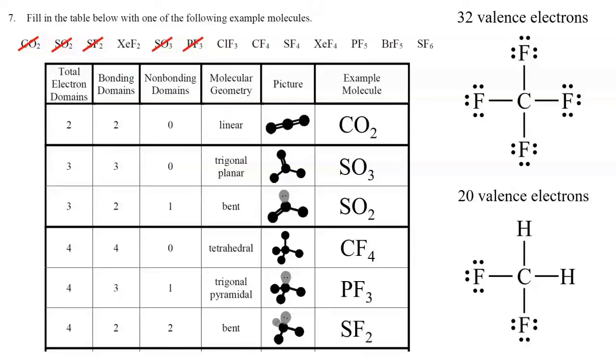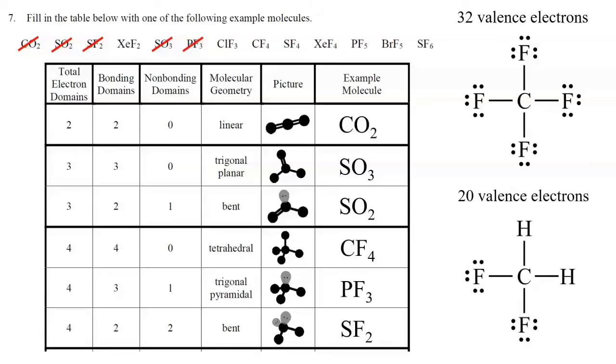As you know, hydrogen only needs access to 2 valence electrons to complete its valence shell. So all of the examples that I've chosen in question 7 of this packet have terminal atoms like oxygen and fluorine, which do have a complete octet.